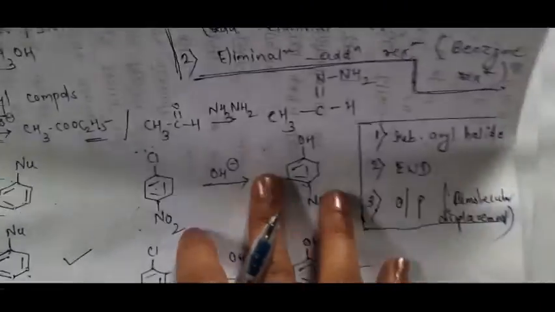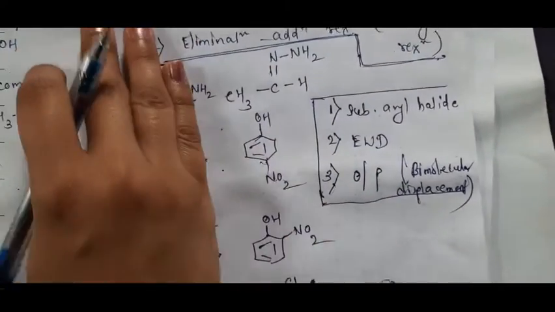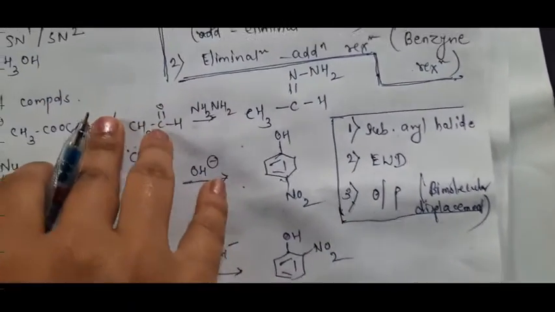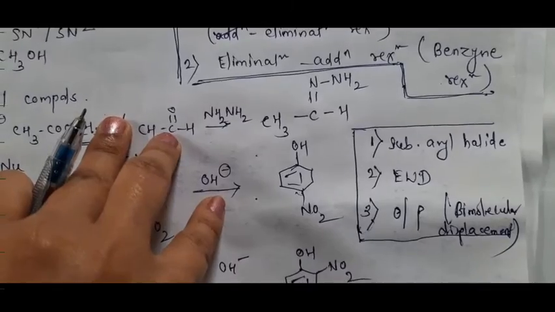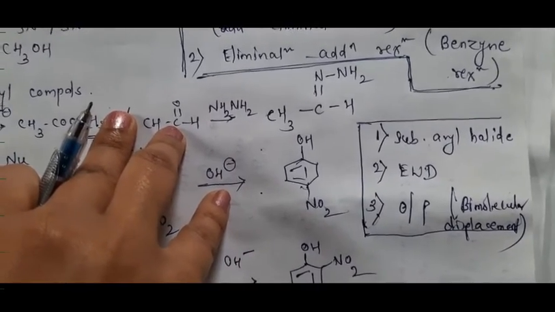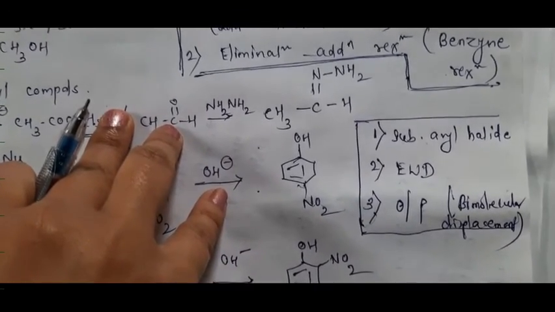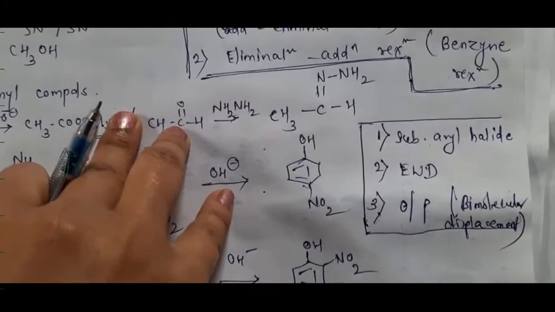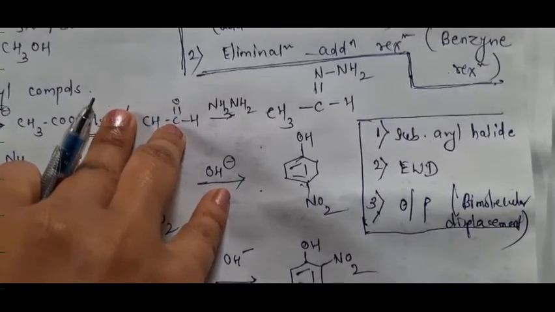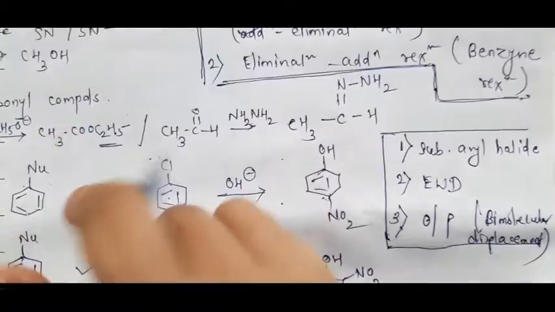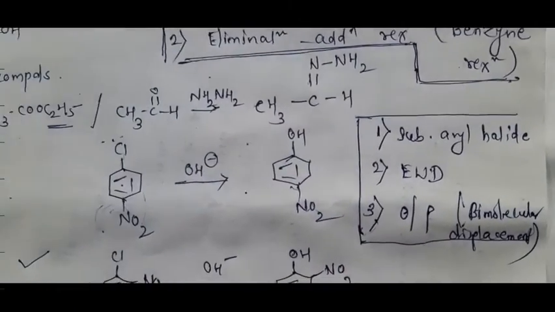Meaning, when I have a nucleophilic aromatic substitution reaction, the candidate for that reaction has to be a substituted aryl halide. That substitution has to be an electron withdrawing group, and that electron withdrawing group should be present at either the ortho or para position.